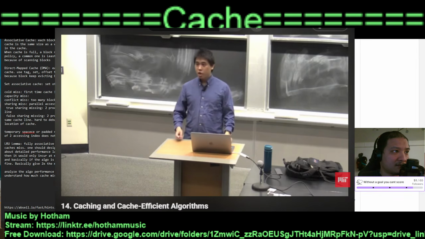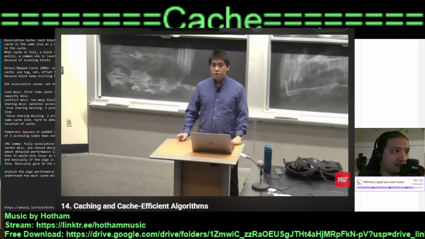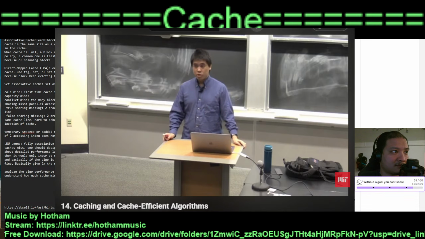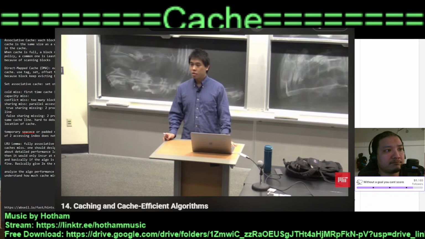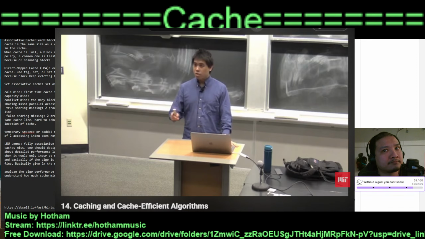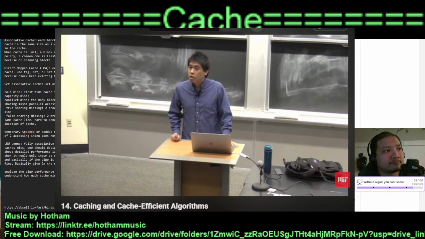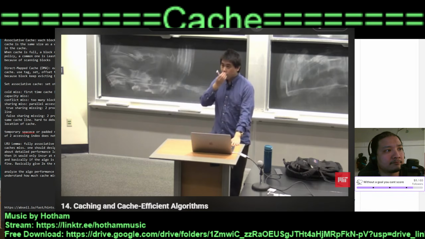What about the second column of B? So recall that I'm assuming the LRU replacement policy here. So when the cache is full, I'm going to evict the thing that was least recently used, the furthest in the past. Yeah, so it's still going to be n. Why is that?